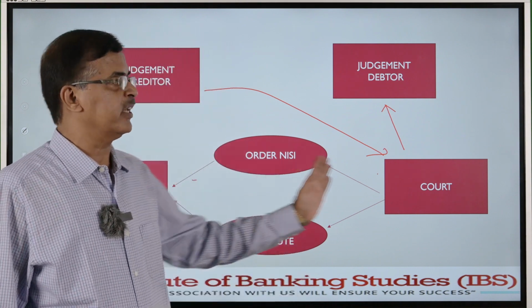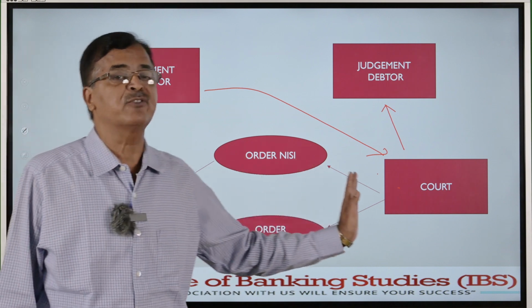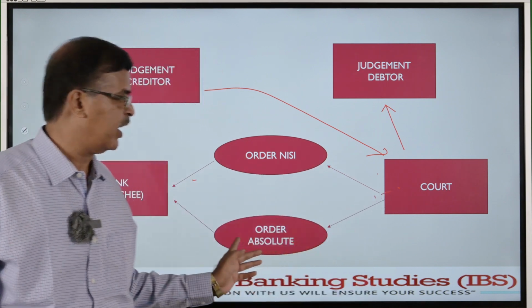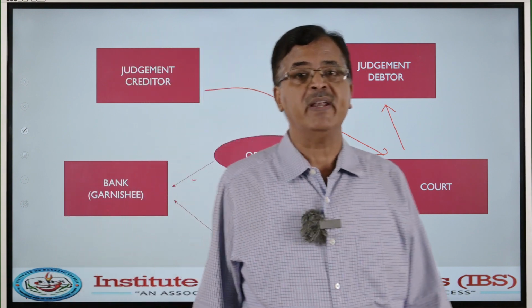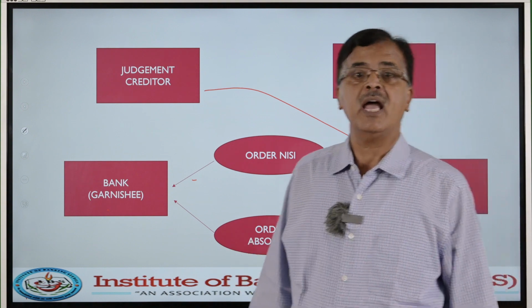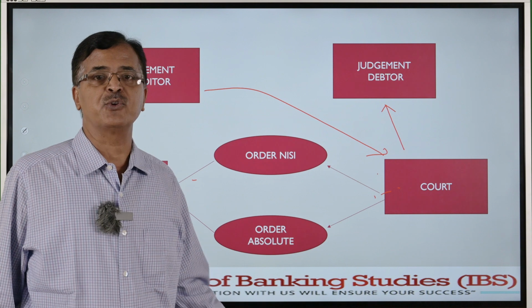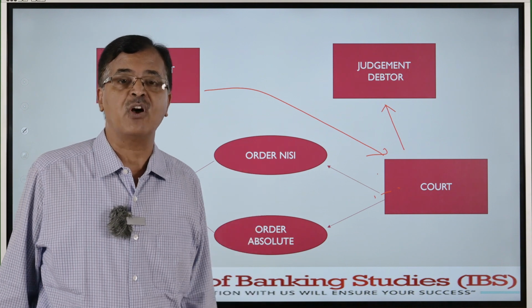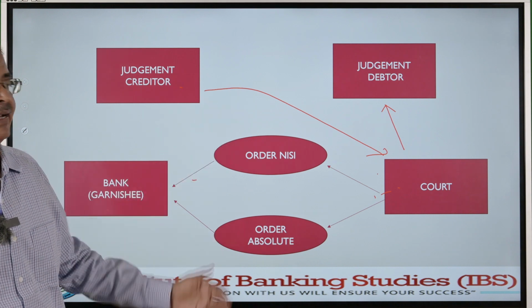Immediately after getting a reply from the bank, the court will issue a final order on the bank where the debtor is maintaining the account. The final order is known as the order absolute. In the final order, the court will give a clear direction to attach the funds of the debtor after adjusting the amount due to the bank.